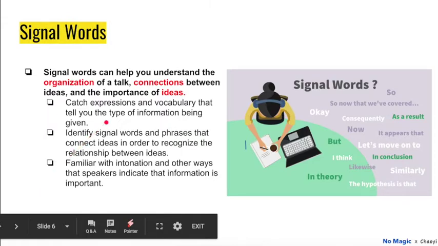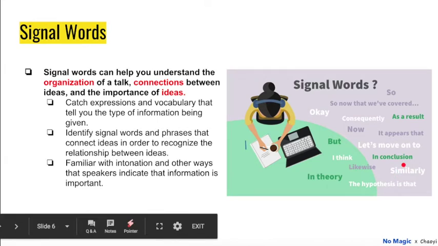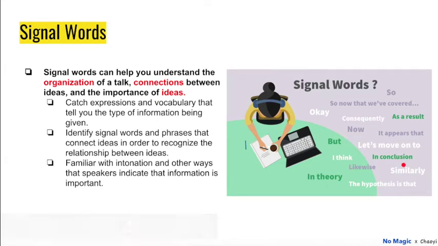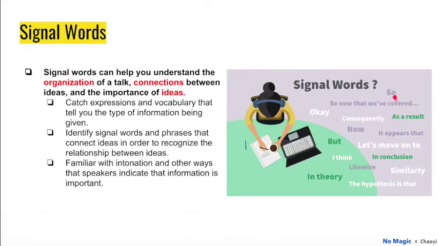Now let's move on to another important concept in note-taking, which is signal words. In the picture on the right side, there are several signal words included. Let's take a look. Signal words can be like "so" or "as a result." Those are conclusion signal words.